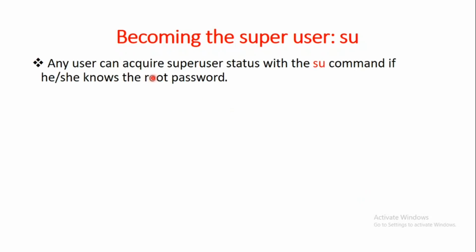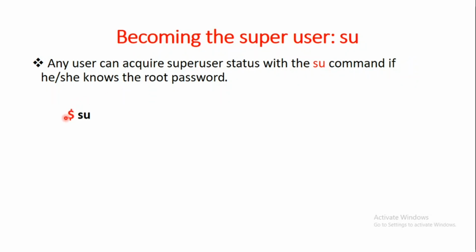Now, can anyone who has logged in as a normal user get the privileges of a root user? This is possible only if you know the password of a root user, the password of an admin. After logging in as a normal user, by making use of the su command, the super user command, it is possible to acquire the privileges of a root user.